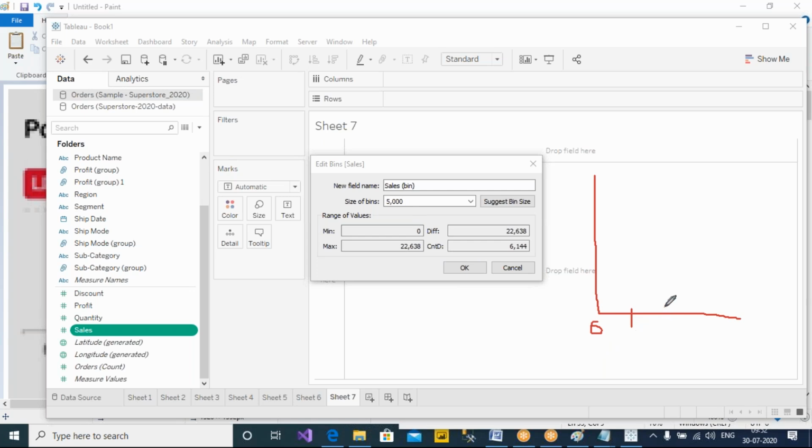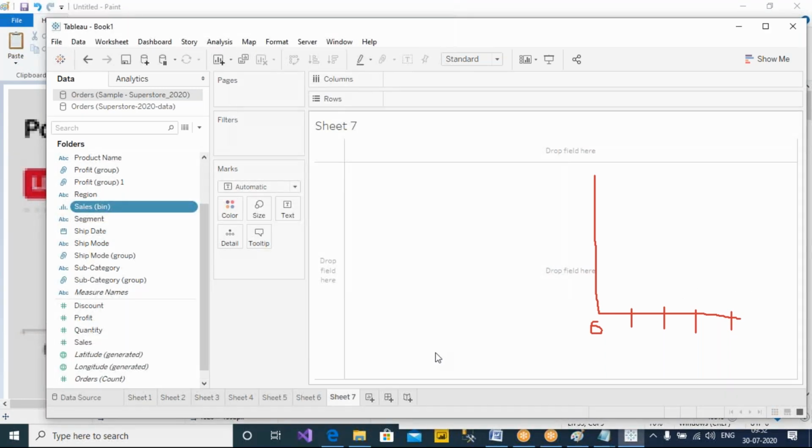So 5,000, 10,000, 15,000, 20,000. I might get 4 values here, and then adjust all the values in these 4 bars. Okay, let's say okay, and let's see what happens. Observe, when we create a bin, it is getting created under a dimension again.